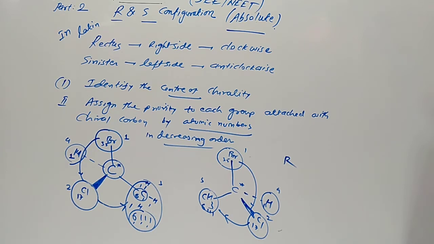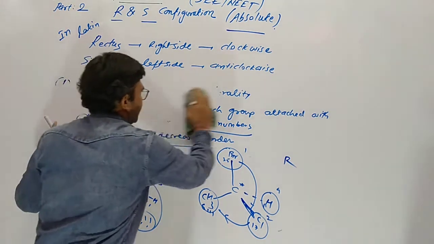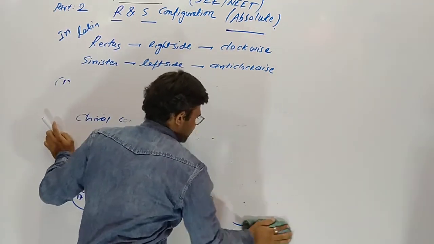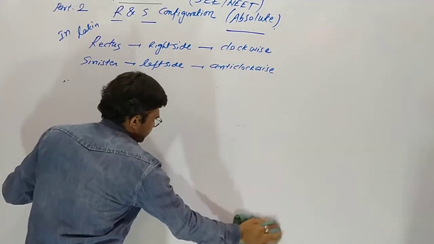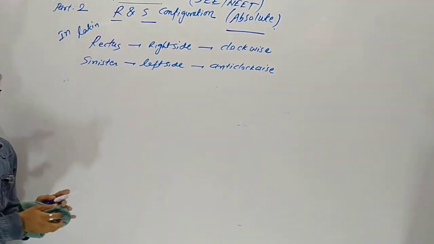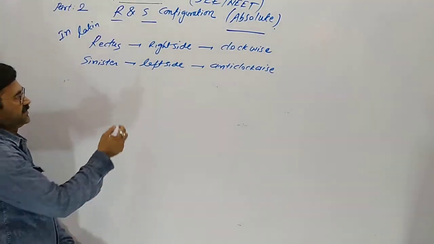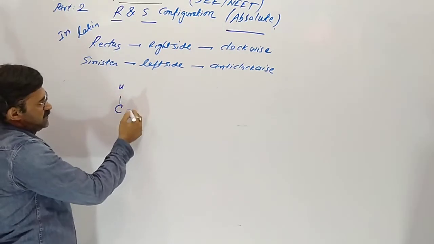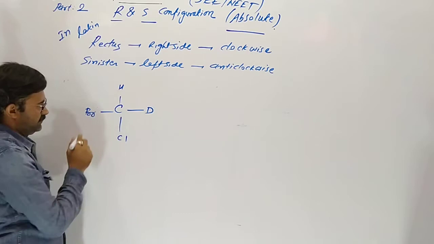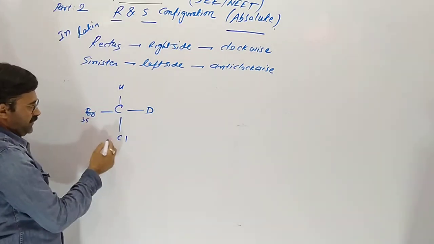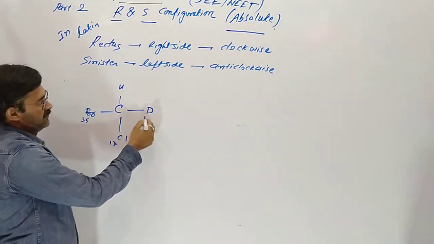Suppose two hydrogens are given, isotopes are given. In this case, what do we have to do? How to give the numbers? Suppose one is carbon, H, D, Cl and Br. So 35 atomic number, 17, 1, 1.